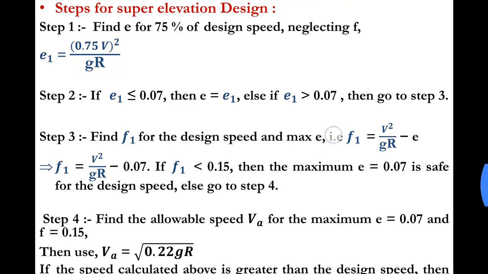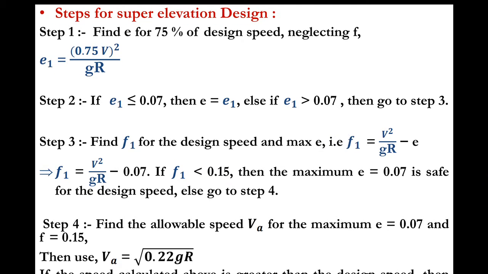Next, we will discuss the design steps for super elevation. If you are required to design a super elevation for a road surface, then you would be given data such as the radius of curve and the velocity or the design speed of that road.